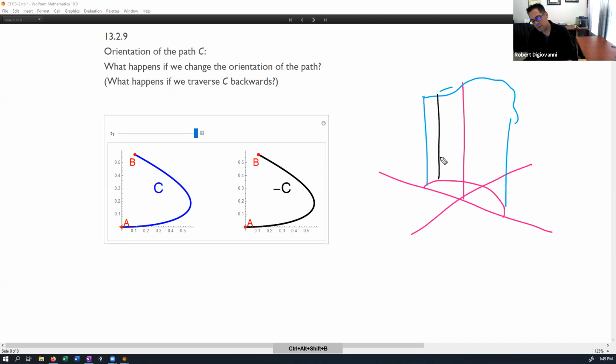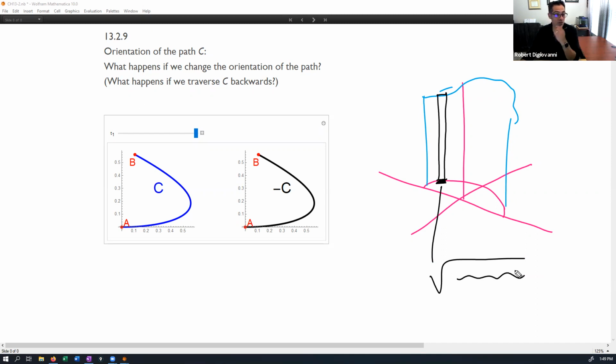We took this rectangle, and we said that little piece on the ground is the square root of something. This should always be a positive number. So this is always going to give you a positive width, and then you multiply by the function's height, and you get the area. Since this will always be positive, changing the direction of the path should not matter. It should be the same both ways, because that's a hypotenuse of a triangle.